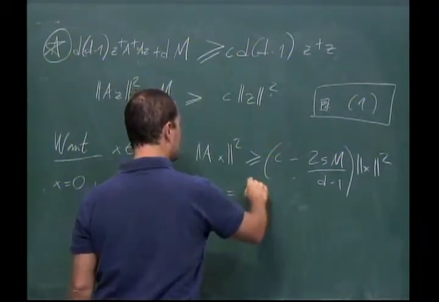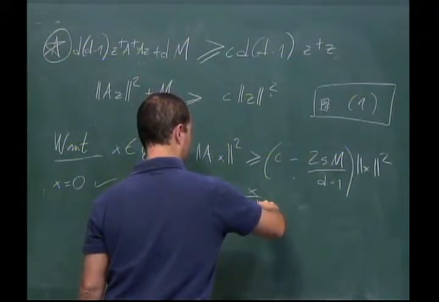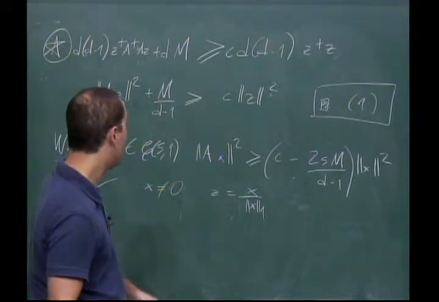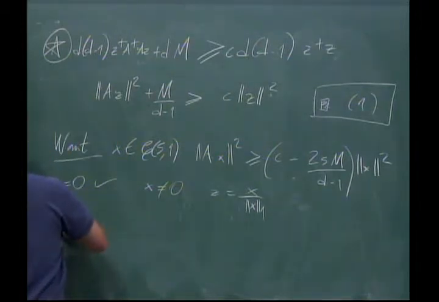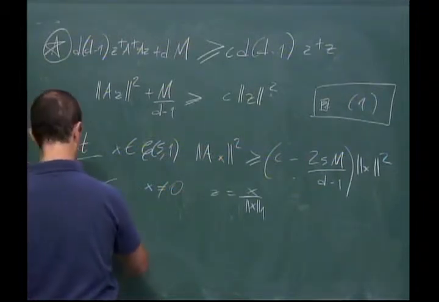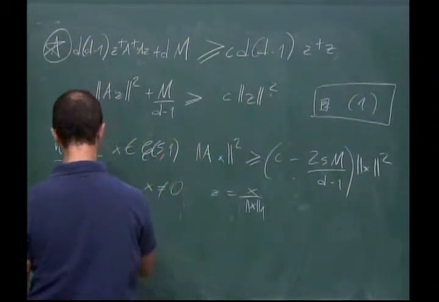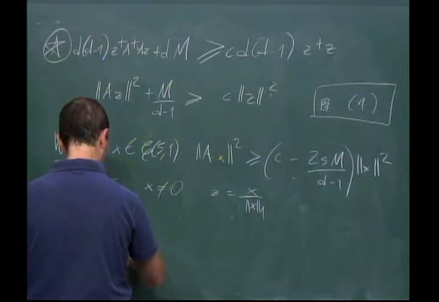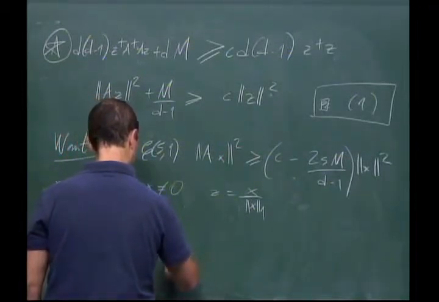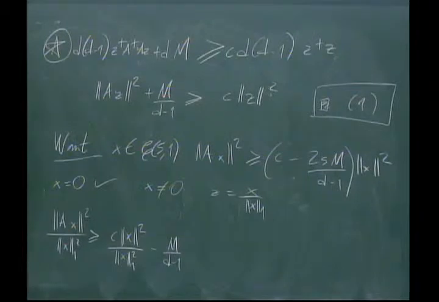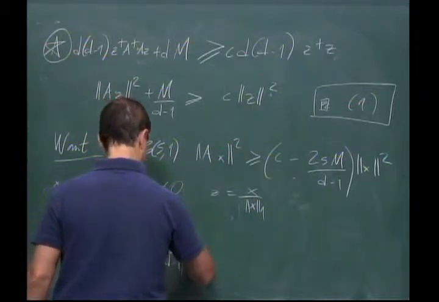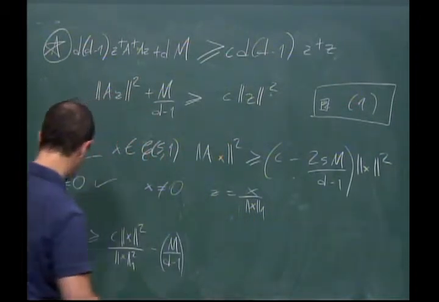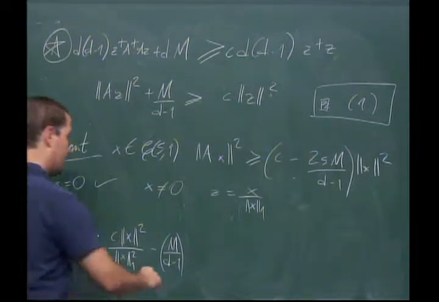I'm just going to take z to be equal to x divided by the L1 norm. And what do I get? I get that the norm of Ax squared divided by the L1 norm squared is greater than C, using 1 here, times the norm of x squared over the L1 norm squared, minus M over D minus 1. I can multiply both sides by the L1 norm squared, so I get this inequality here.